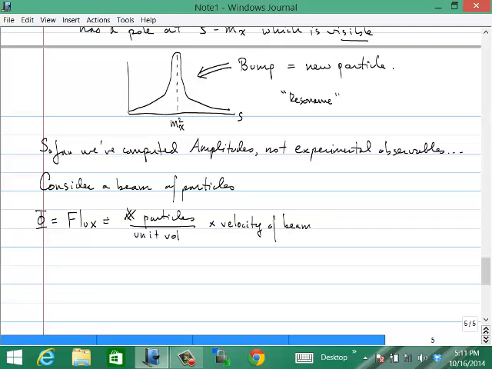What this tells you is really the number of particles passing through some particular area per unit time.